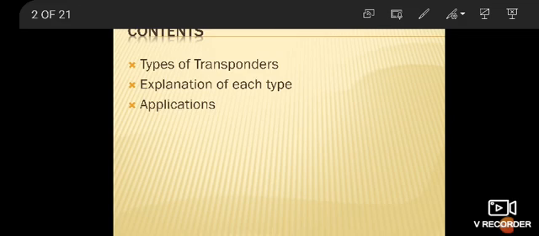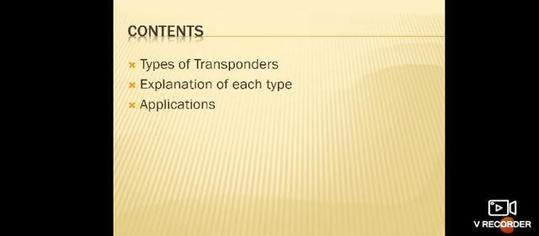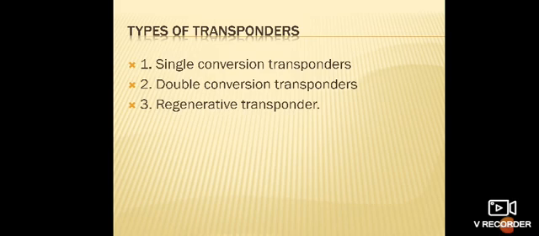In this session I am going to explain each type of transponder and the number of applications under it. The classification is based on the configuration parameter, and it is classified into three types: single conversion transponder, double conversion transponder, and the third one is regenerative transponder.